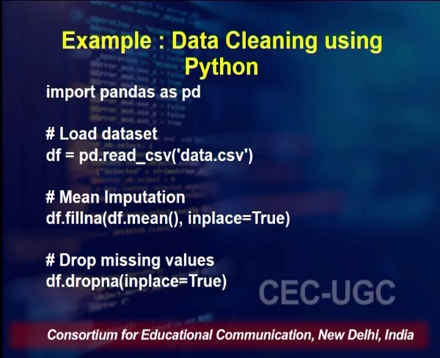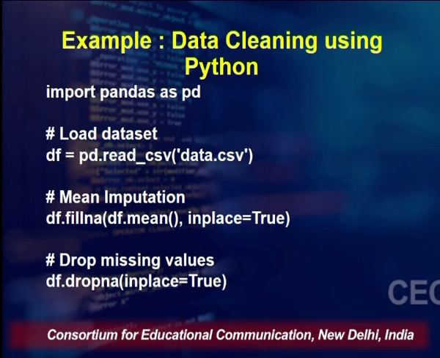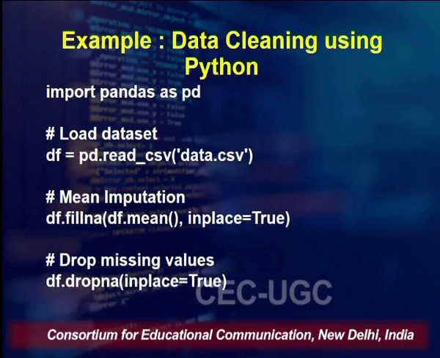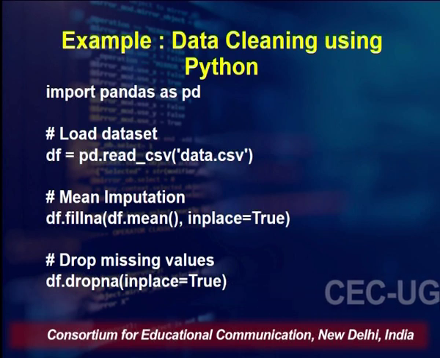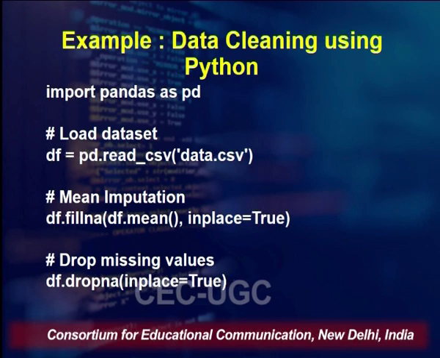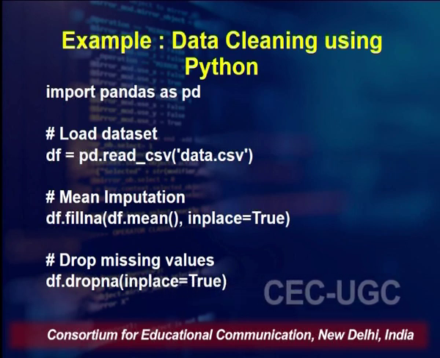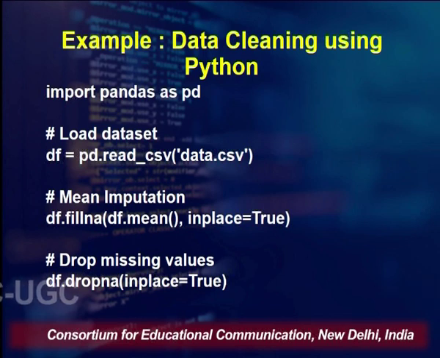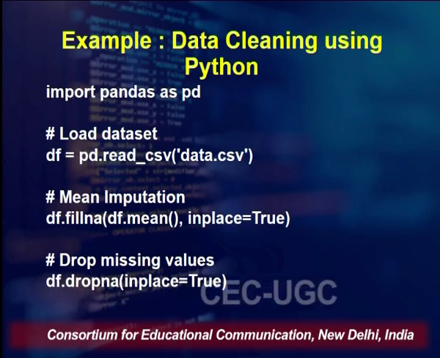We read this file and load it into a data set called df, and now we are trying to impute the mean value wherever there is a missing value. So, we are writing df.fillna(df.mean()). We are using the mean function and imputing the mean in whichever places the value is missing.